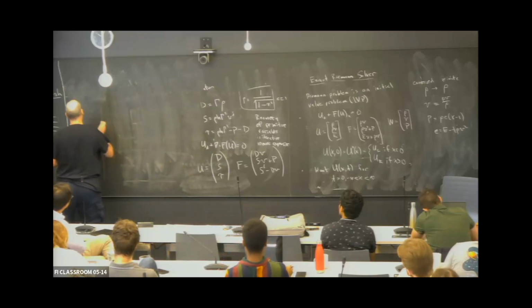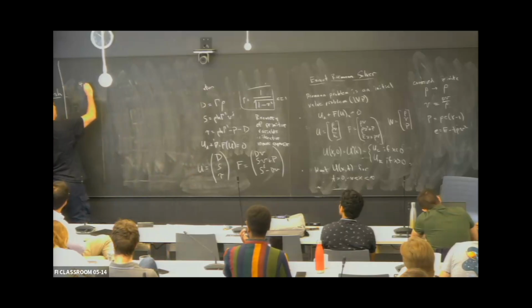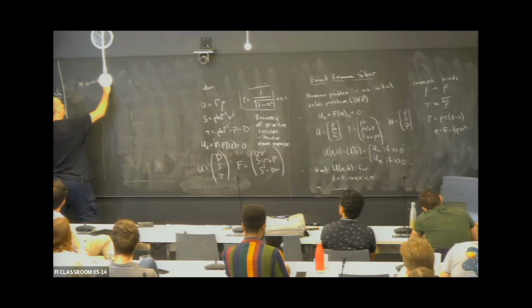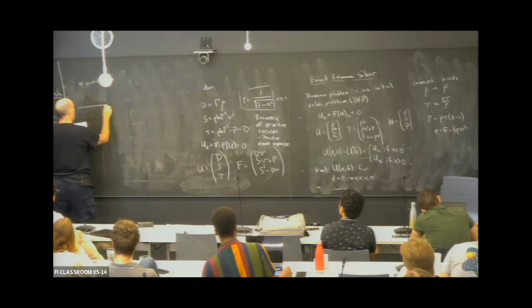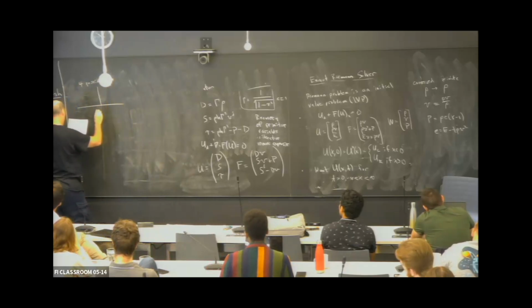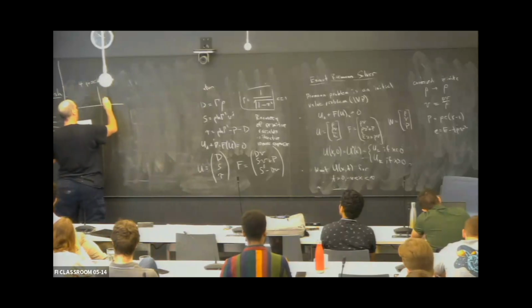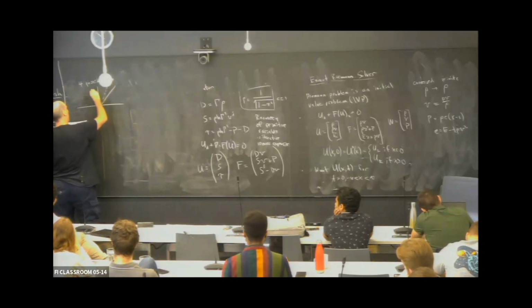There are four possibilities. So one is what we've seen before, which is you have the contact discontinuity moving to the right, shock moving to the right, and rarefaction fan moving to the left.